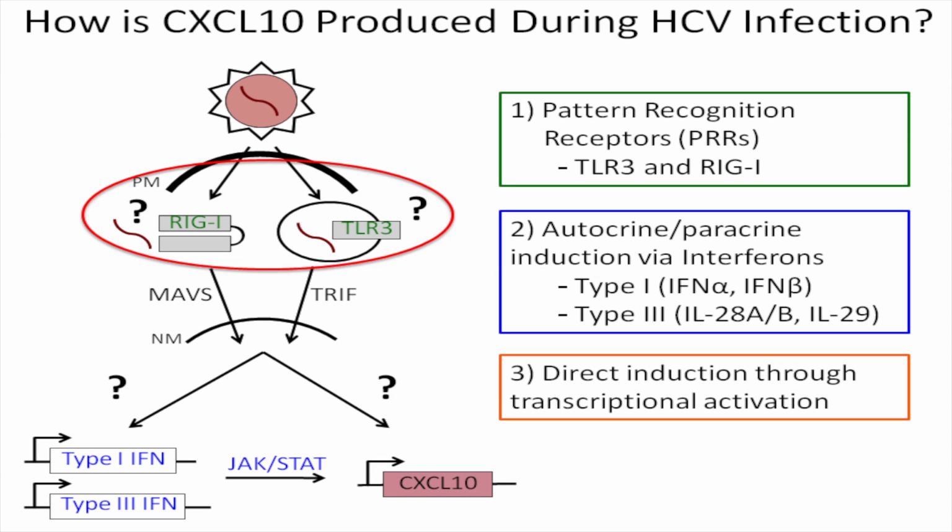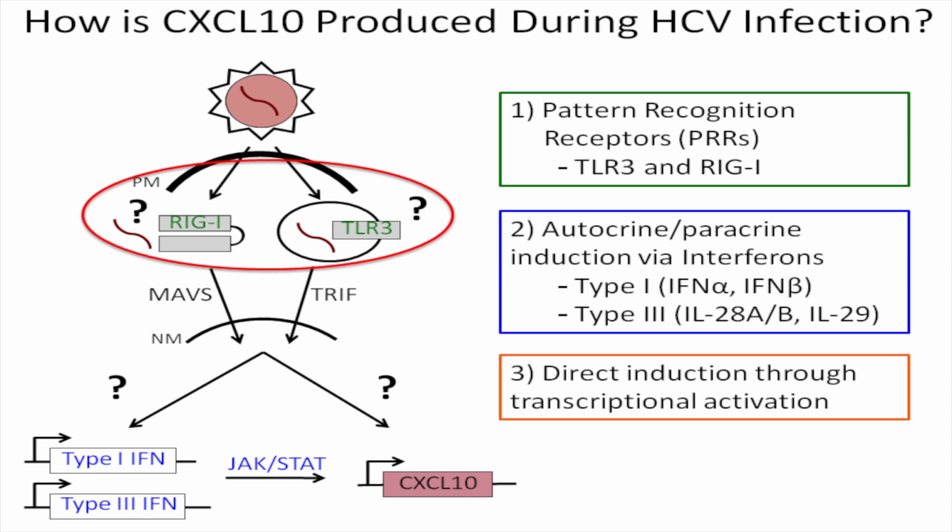After signaling through MAVS and TRIF, you can get interferon production, and this includes type 1 interferons, alpha and beta, and type 3 interferons, the IL-28A/B and interleukin-29 families. And these interferons signal through the JAK-STAT pathway that could potentially induce CXCL10 production.